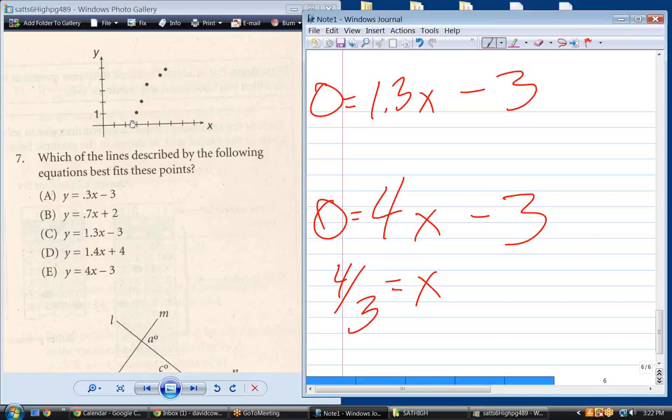That doesn't look right. In this case, x would be 2 and change, 3 divided by 1.3. That looks right. Okay. I'm certain that C is the right answer now.